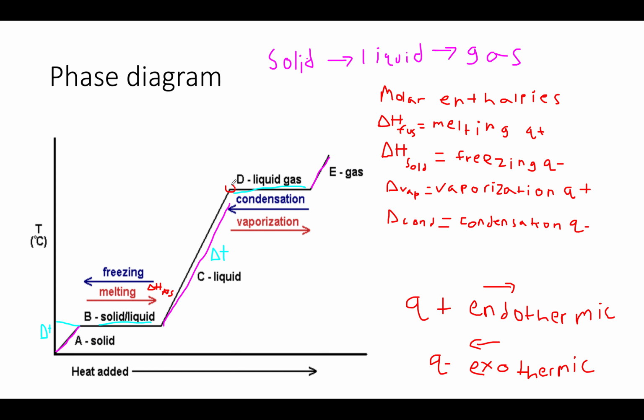This point here is the boiling point of the substance. This point here is the melting point of the substance and the freezing point. So this is your phase change.